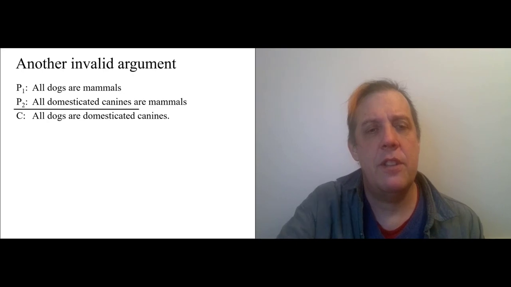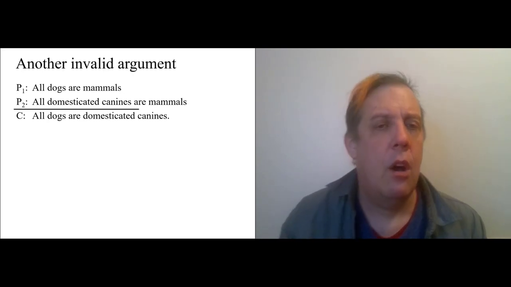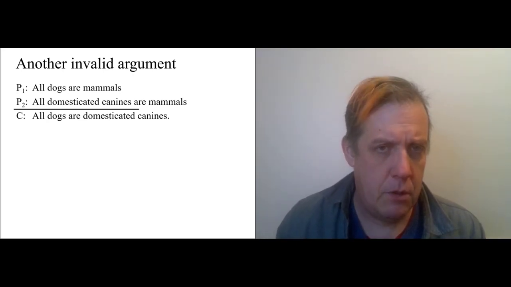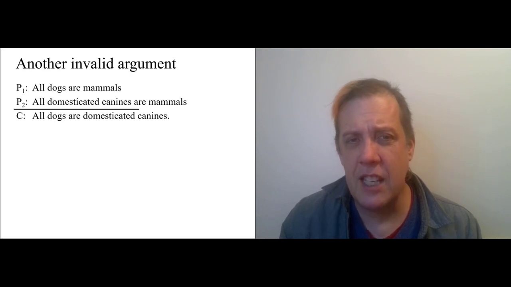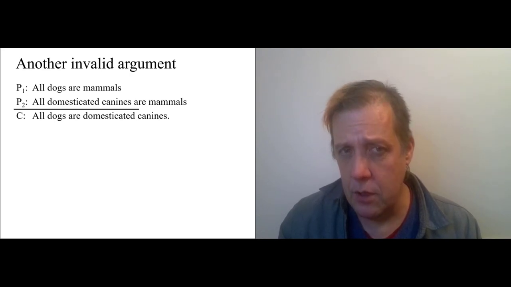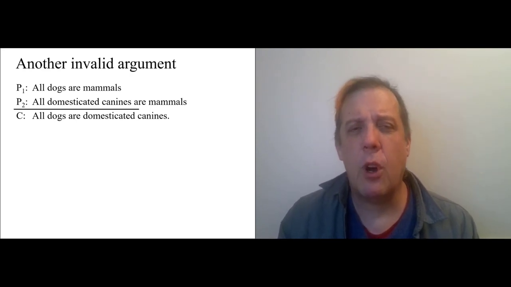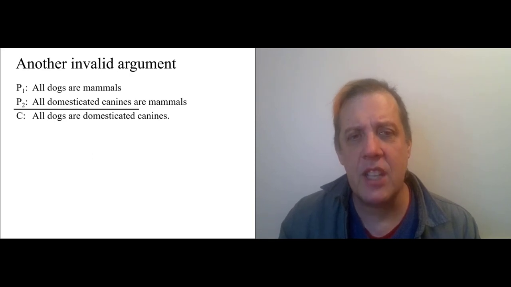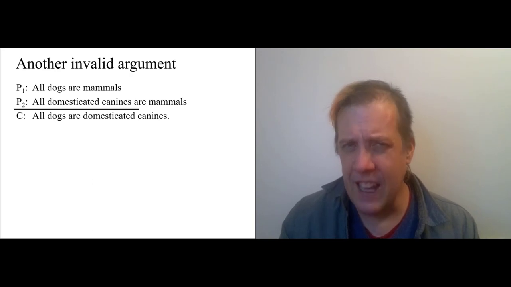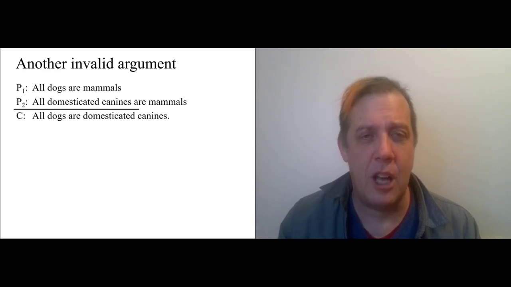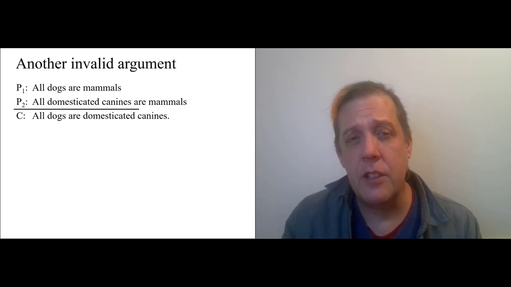But now consider this. All dogs are mammals. All domesticated canines are mammals. Therefore, all dogs are domesticated canines. Think about that for a second. Is that valid? It already says on the top, it's invalid. It's not valid.